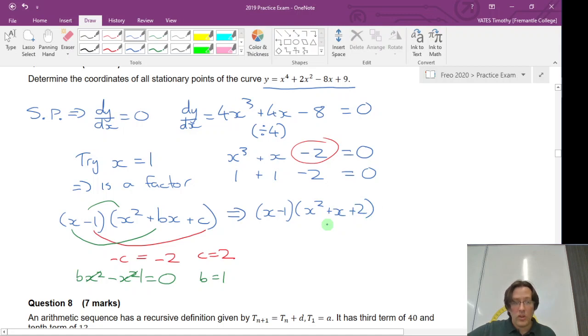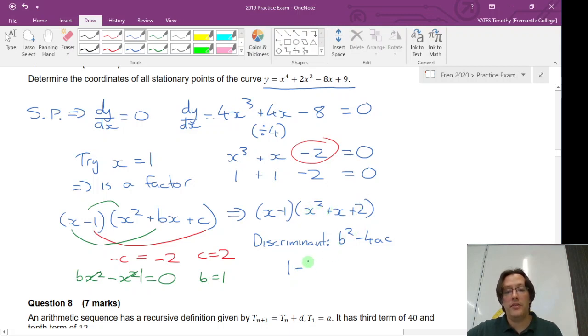Now, the next bit we've got to work out is, what does this factorize to? And you may start scratching your head, what number adds to 1 and multiplies to 2? And you may very well start to go, I can't work this out, I'm just going to use the quadratic equation. But to start off with, I'm going to check the discriminant. So the discriminant is b squared minus 4ac. b squared is 1, so it's going to be 1 squared, which is just 1.